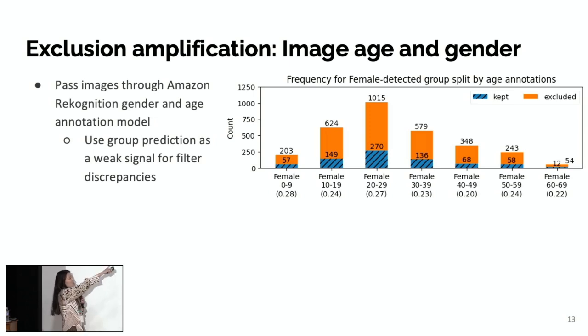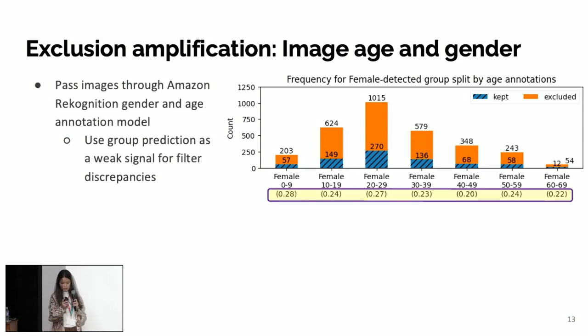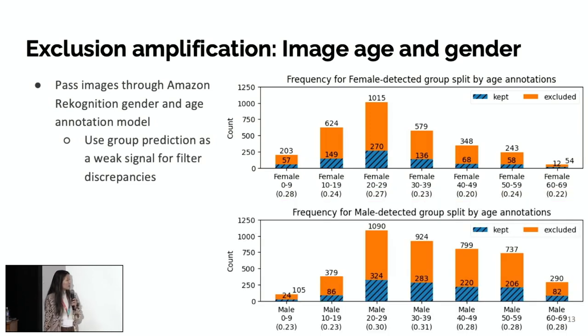The number on top of each of the bars refers to the total number of samples in that group before filtering. The parentheses below show the pass rates, or the proportion passing the CLIP filter for that group. We do the same thing, but for the male detected group in this figure below.